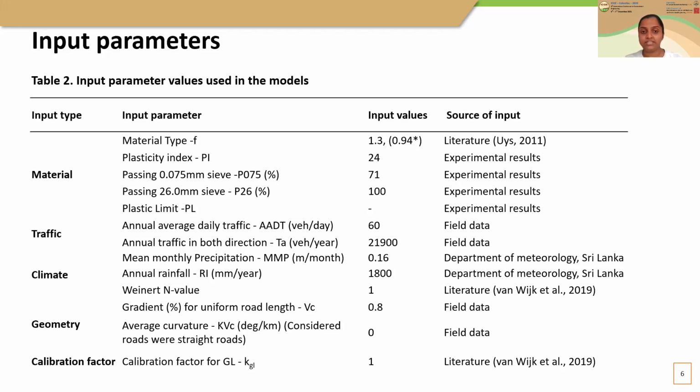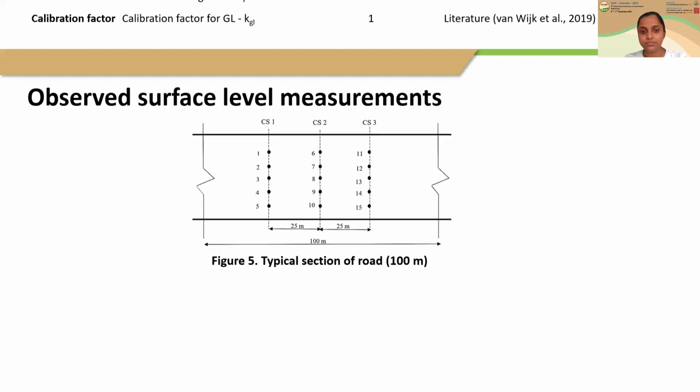Climatic inputs were found from the Department of Meteorology, Sri Lanka, and some other parameters which were not commonly used in Sri Lankan literature were found from the literature. Some of them are material type, Bainat, and value. Those values were taken from the literature.